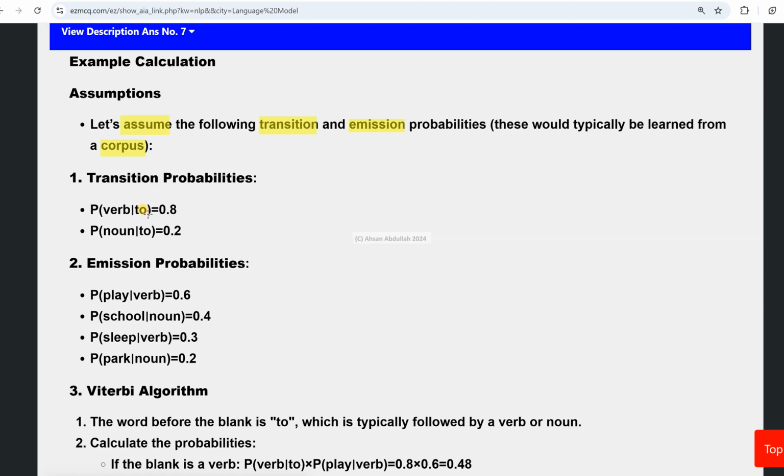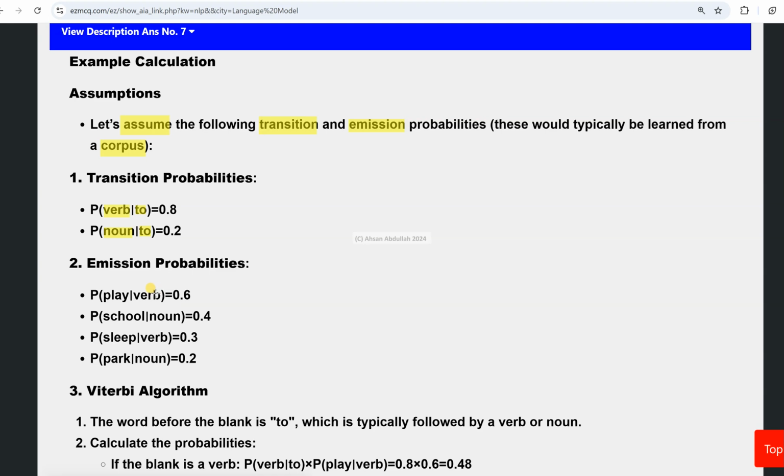So what this says is: what is the probability of the next word being a verb in the context of the word "to"? We assume it's 0.8. And the probability of the predicted word being a noun, conditioned on the word "to", is 0.2.